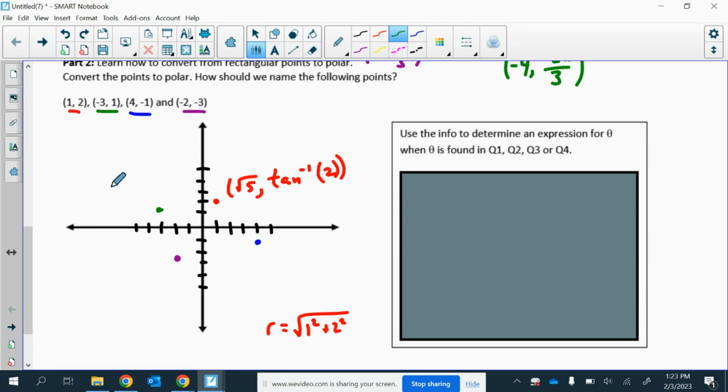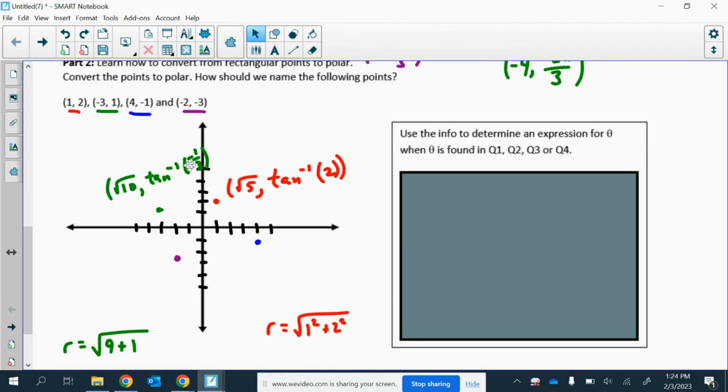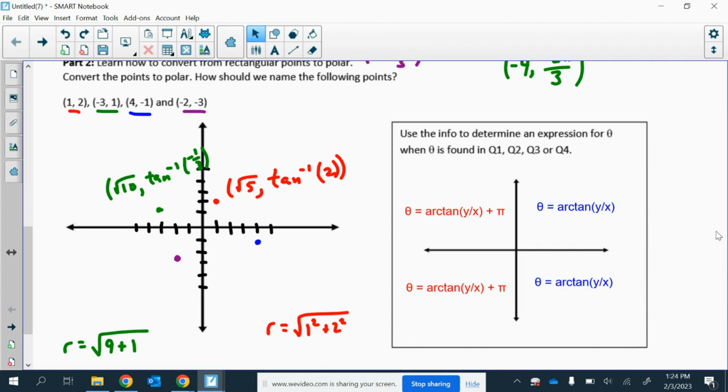Now, negative 3, 1, we're going to do the same thing. r is going to be the square root of negative 3 squared, which is 9, plus 1. So this will be the square root of 10. Then I have the arctangent of negative 1/3. However, we have to be careful because arctangent has domain and range restrictions.